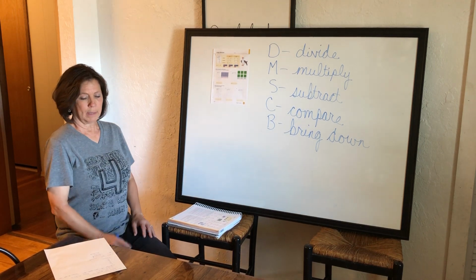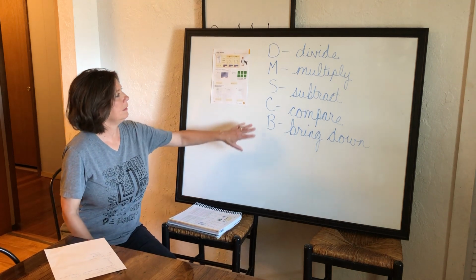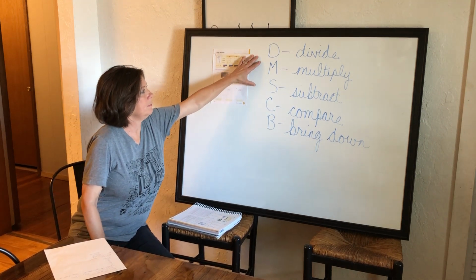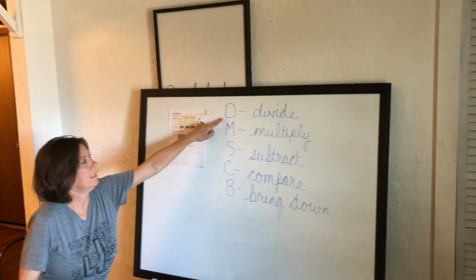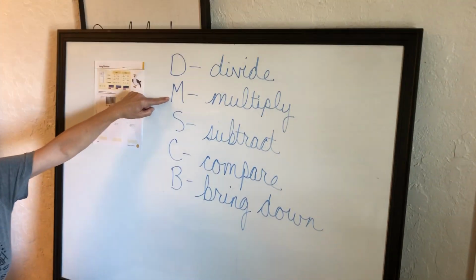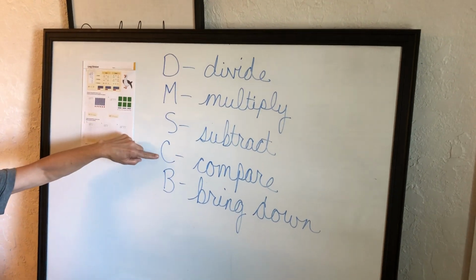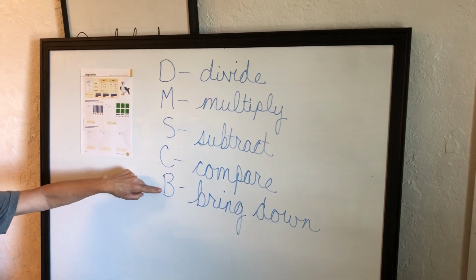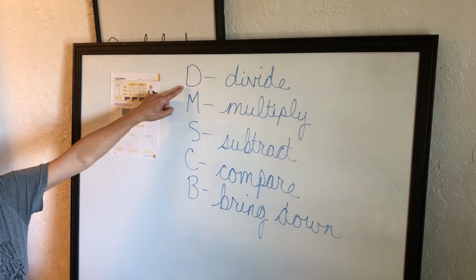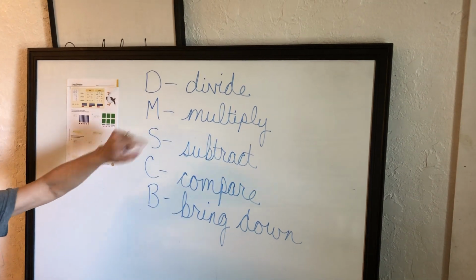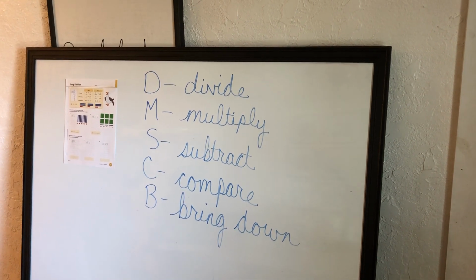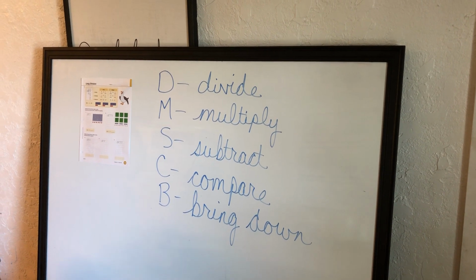On that blank piece of paper, I want you to write D, M, S, C, and B. For D, I want you to write divide. That's the first step in long division.